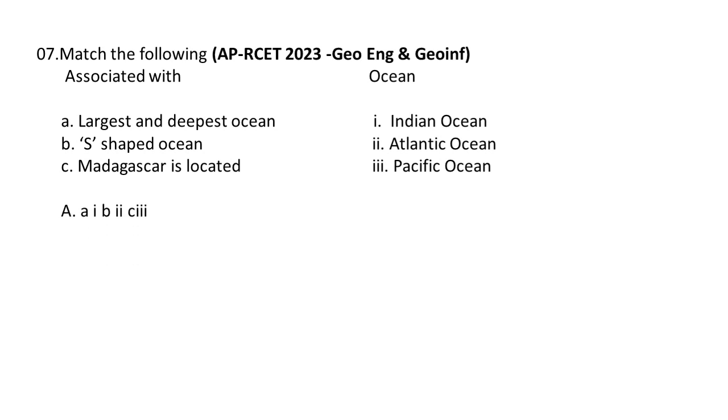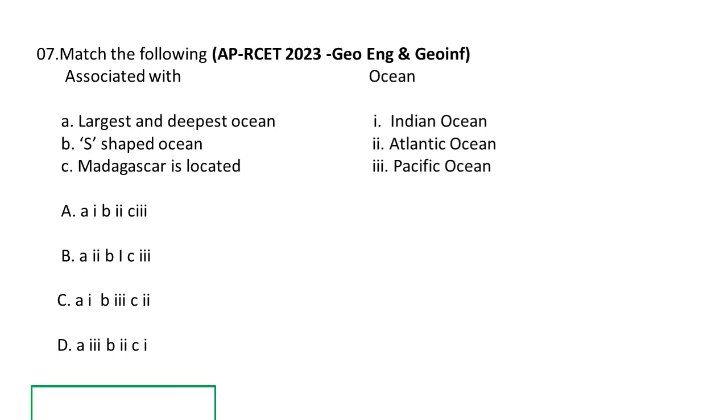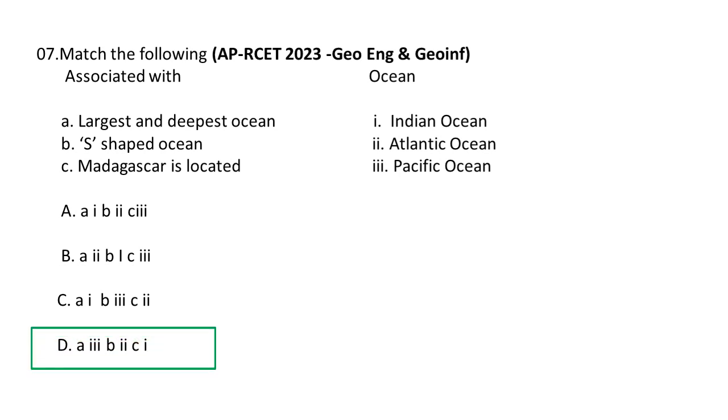The choices given are A. A1, B2, C3, B. A2, B1, C3, and C. A1, B3 and C2, whereas D is given as A3, B2 and C1. So from this the correct option goes as D. The largest and deepest ocean is the Pacific Ocean, the S-shaped ocean is the Atlantic Ocean, and Madagascar is located in the Indian Ocean. So that's why D is the correct option. Next question.